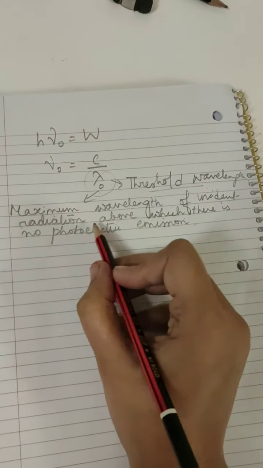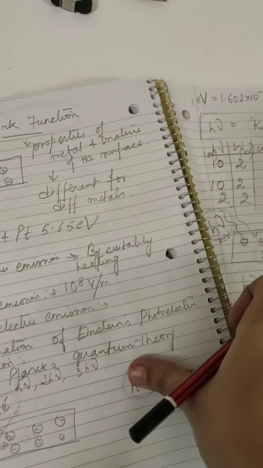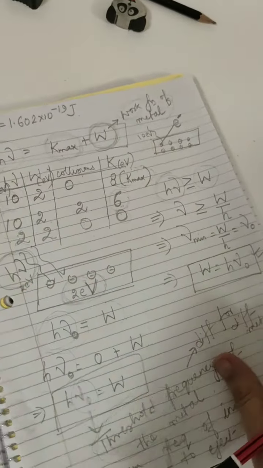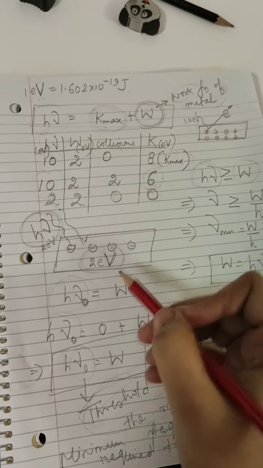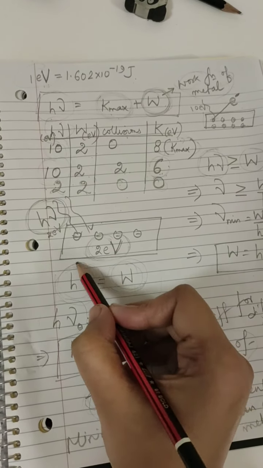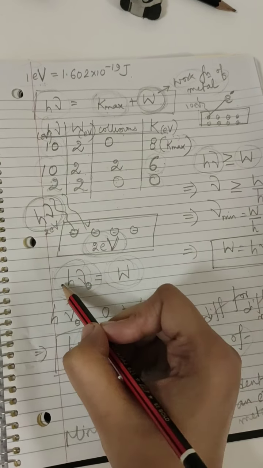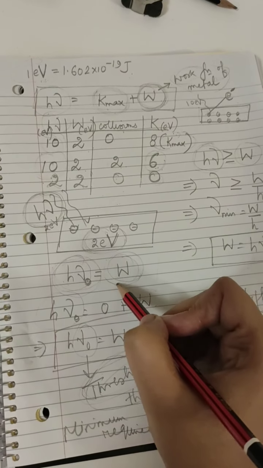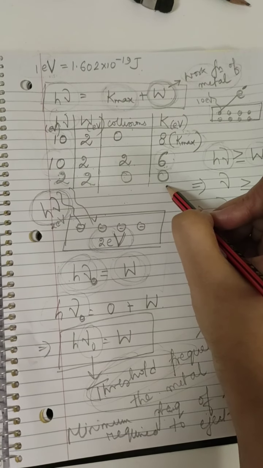Maximum wavelength of incident radiation above which there is no photoelectric emission. This is the threshold wavelength. Now, work function, as I have told you, is the minimum energy required for photoelectric emission. If the energy of the incident radiation is equal to the work function, then the electrons will come out with zero kinetic energy.